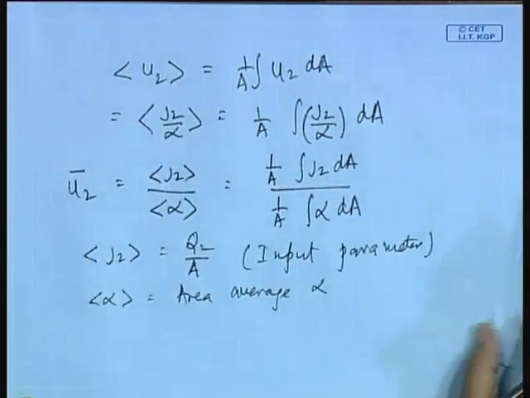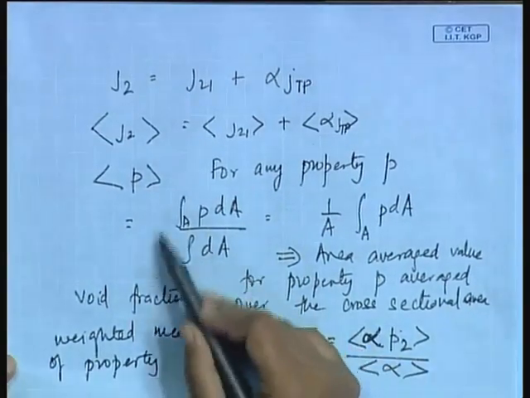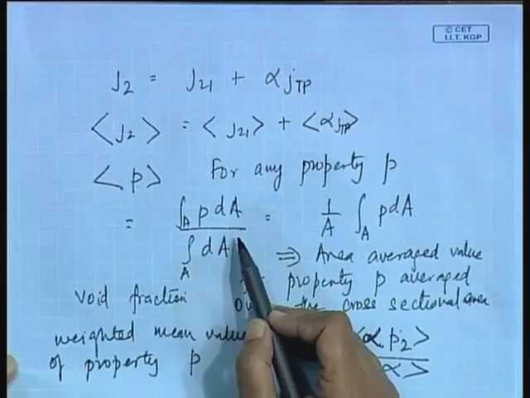Now, remember one thing, certain concepts you have already learnt in single phase flows. For example, this area averaged value, you have already learned in single phase flows, is not it?